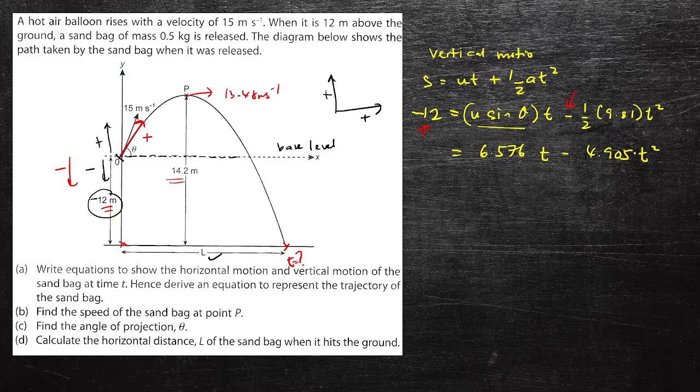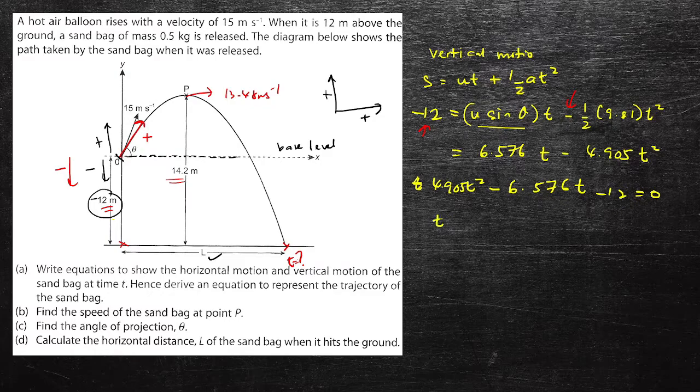Okay. So we're going to get the roots of the quadratic. Just rearrange the numbers: 4.905 t squared minus 6.576 t minus 12 equals to 0.